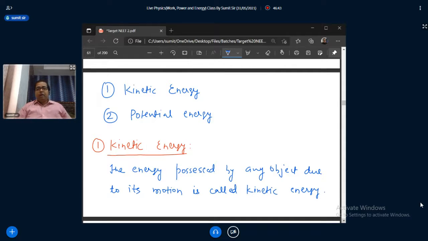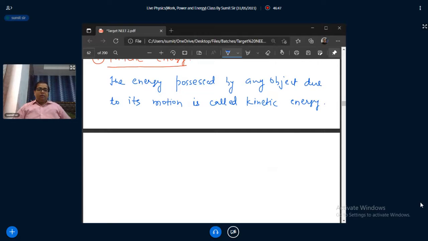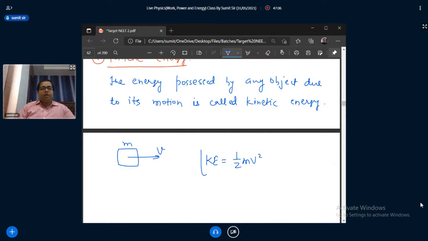What is the expression of kinetic energy? So, suppose an object of mass m is moving with velocity v, it has kinetic energy equal to half mv square. Okay, you already know that.